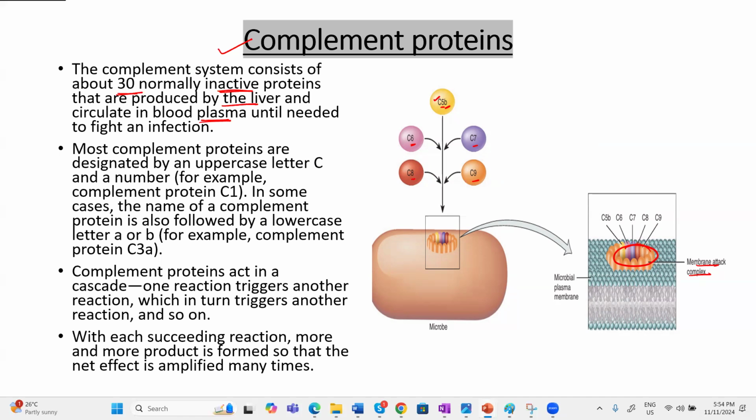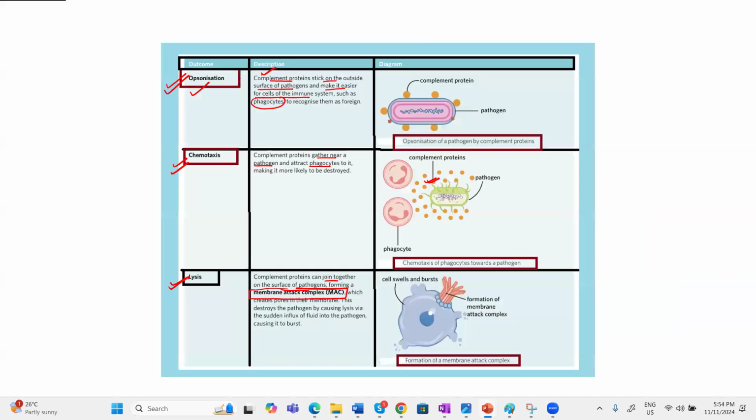So in non-cellular we have covered two things so far: one is cytokine, another is complement. Clear, beta? In cytokine we discussed interleukin, TNF, and interferon, type 1 and type 2 also, and now we have discussed complement proteins.